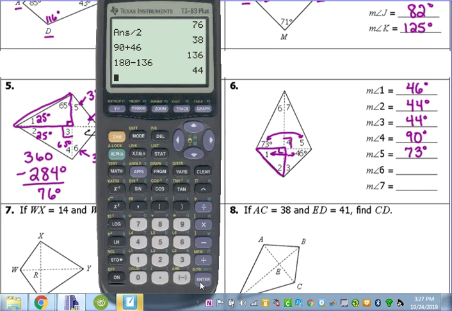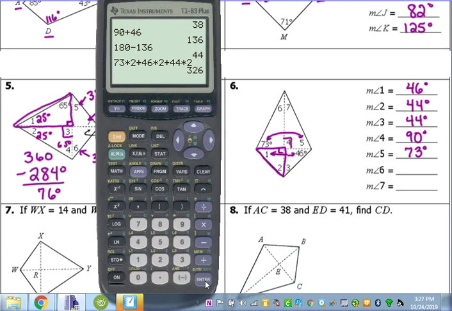And let's see here, 6 and 7. We've got to do what we did there at the end. We need to add up everything that we've got so far. So we have 2 73s, 2 46s, and 2 44s. Angle 1 and 46 degrees, we have 2 of those.